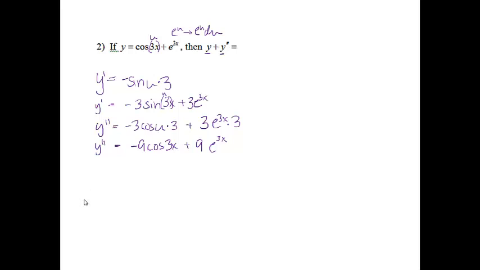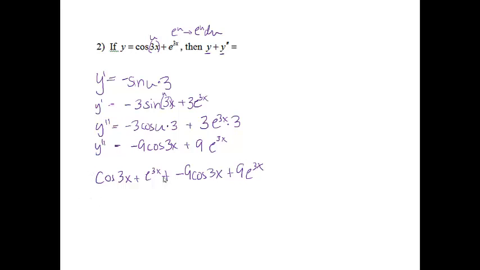So if I take my y, which is cosine 3x plus e to the 3x, and then I add y double prime to it, negative 9 cosine 3x plus 9 e to the 3x. And from here, I notice that I'm going to be able to combine like terms.